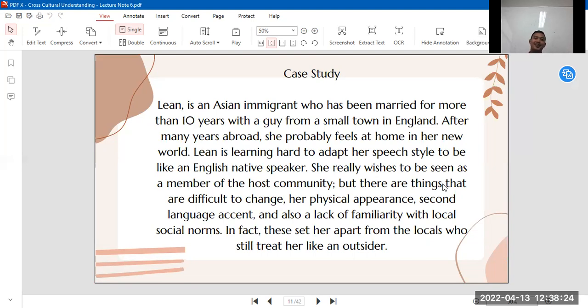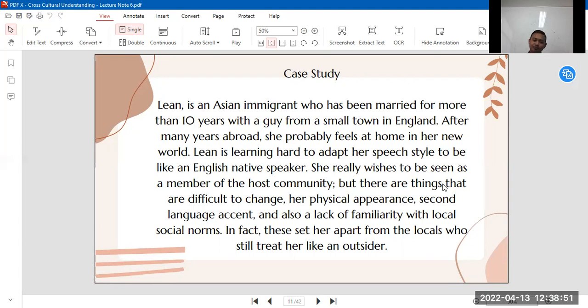But then here, the ascribed identity given by the community or local people, because there is some behavior or non-verbal behavior here that is not suitable, not appropriate, or different from the local people there.